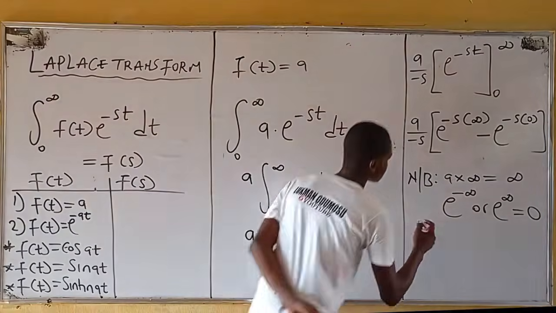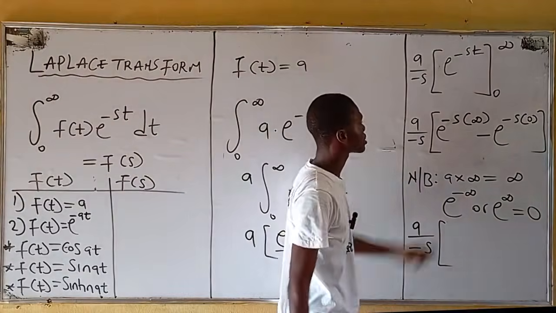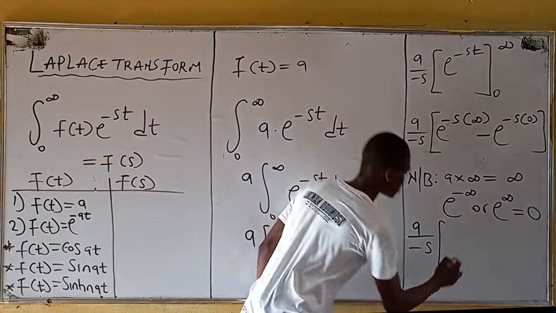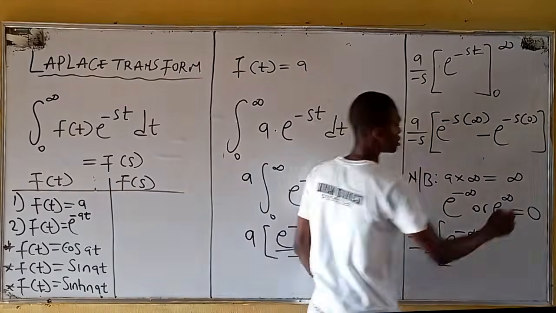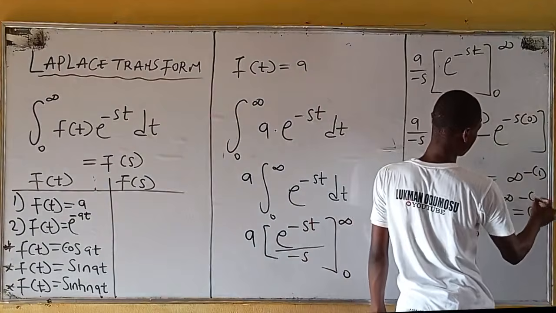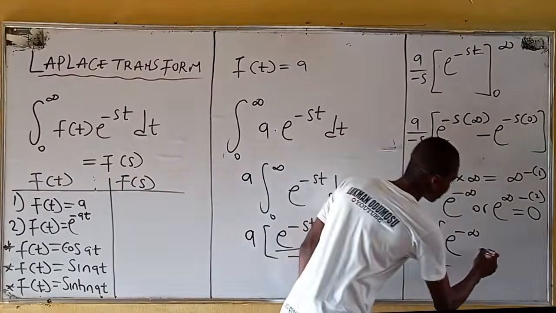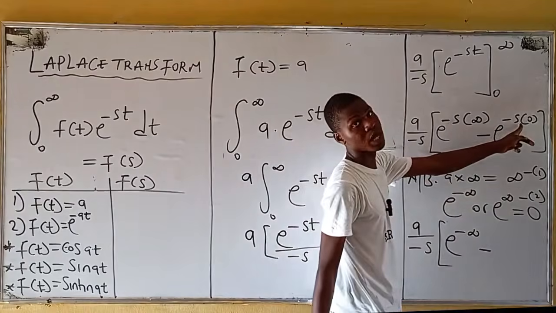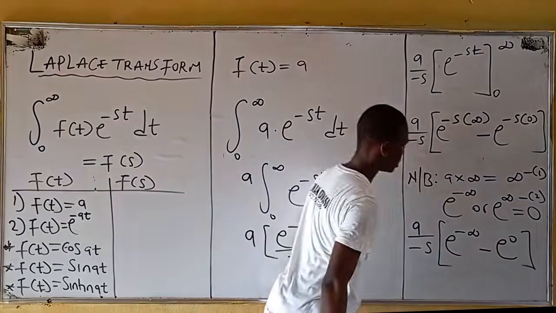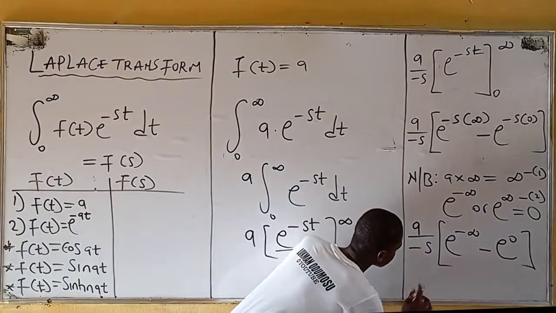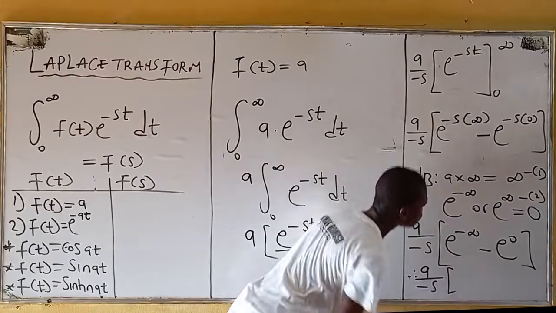So I have a divided by negative x, all into brackets, exponential negative infinity. This is equation 1 and this is equation 2. Following equation 1, I have this minus any number multiplied by 0, which is 0.